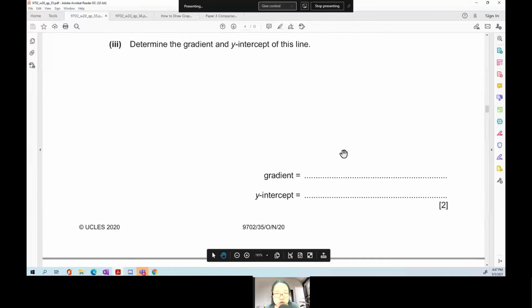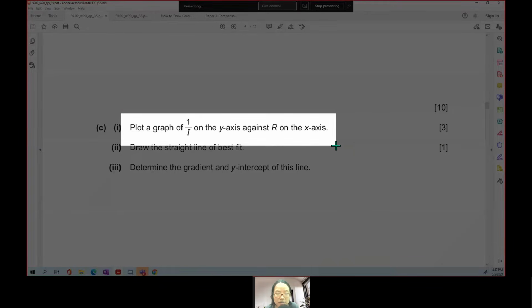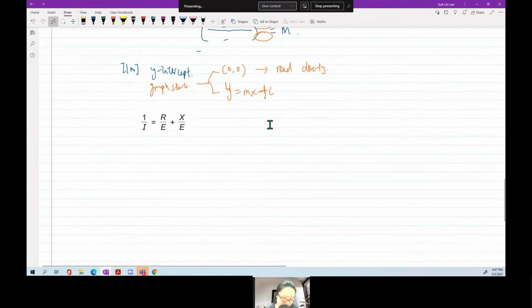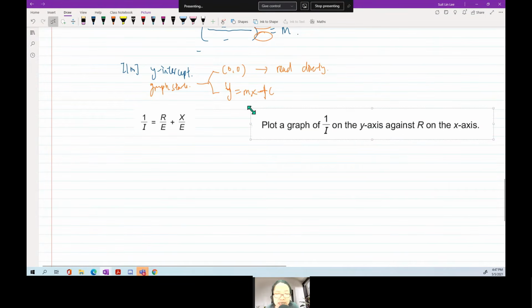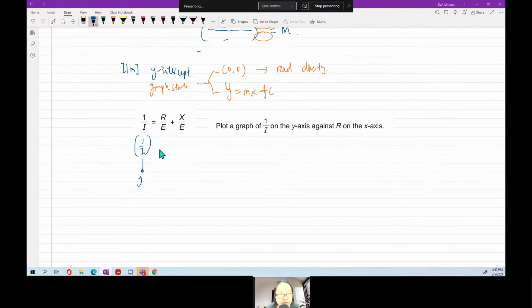So look at the graph that they ask you to draw. If you don't know how to do this, there are videos, please learn, okay? You should know this by now. It's the O level of paper 3. So we plot a graph of 1 over I against R. You see lah. If you cannot see, then you rewrite this one. 1 over I, this entire thing is my y.